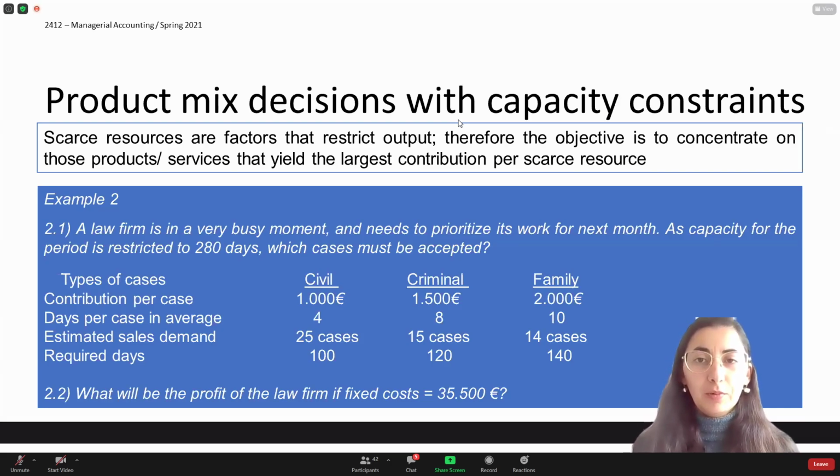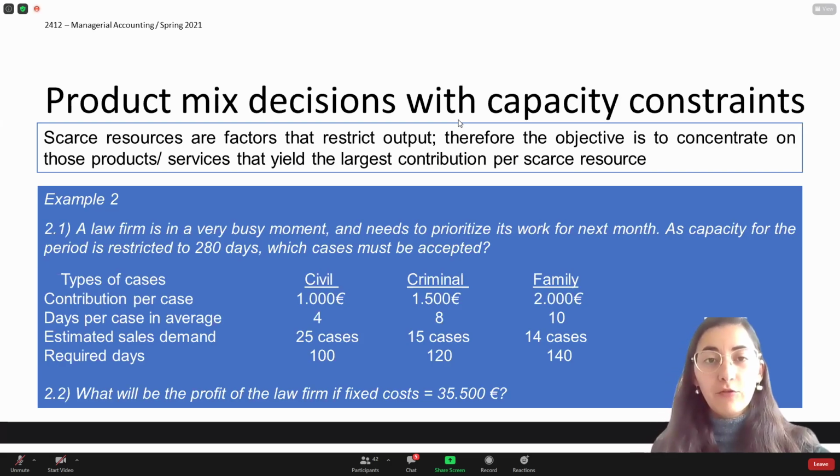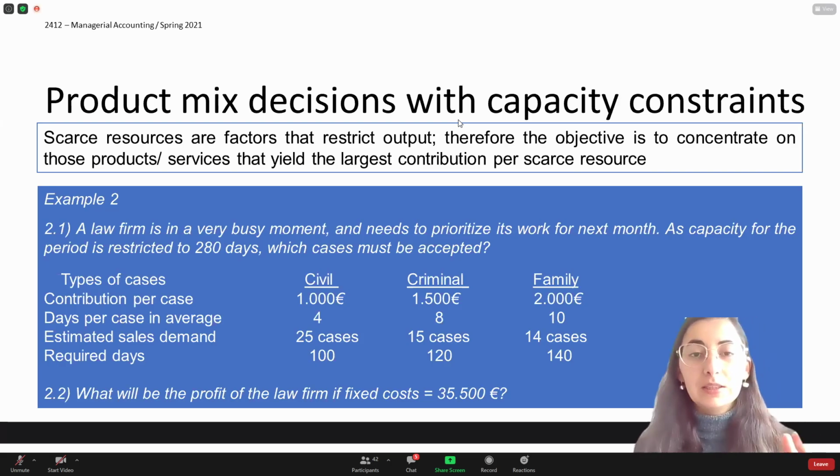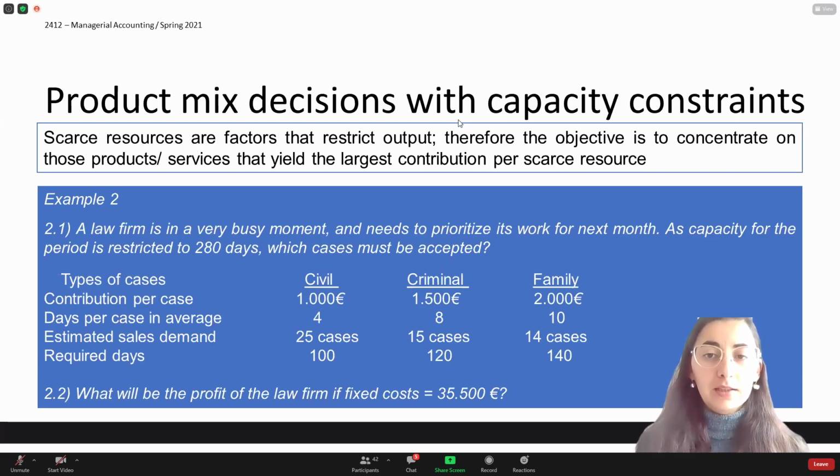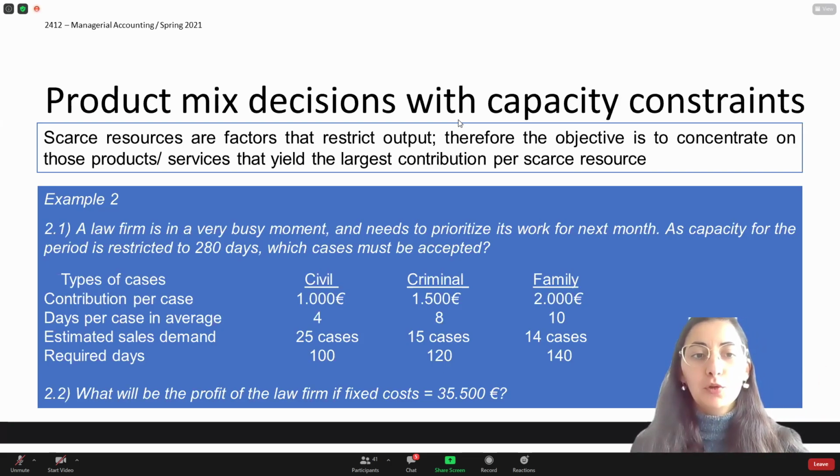To calculate that, we do 1,000 euros divided by the number of days, divided by 4. The scarce resource is the number of days, because we are limited to 280 days and our demand is higher than the days that we have available. So that is our scarce resource, the number of days.